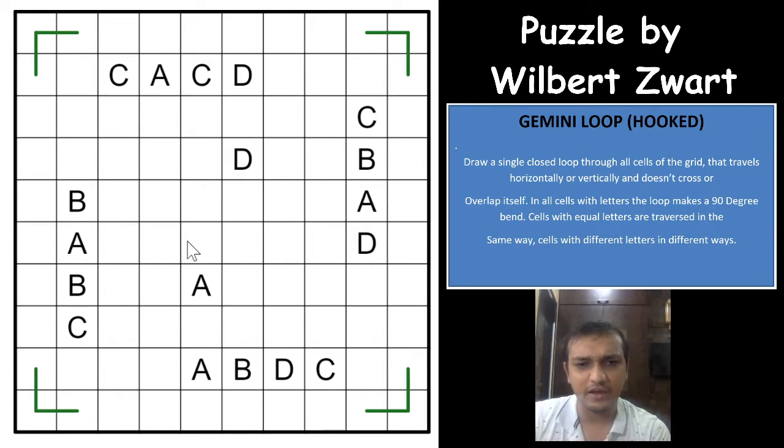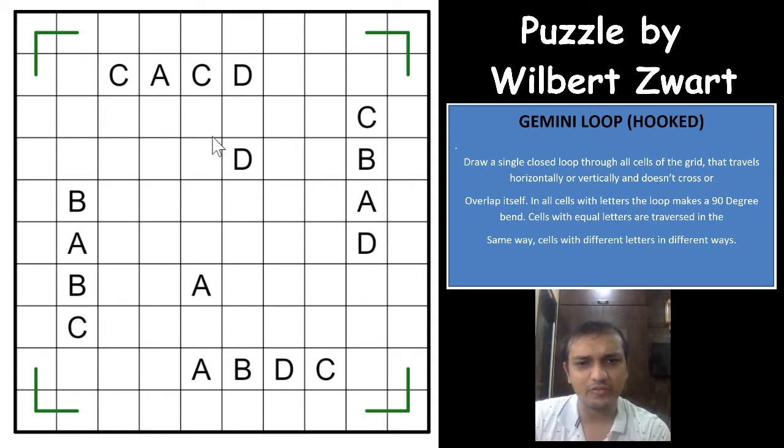Whenever the loop goes towards one of the letters, it has to turn either this way or this way, so it cannot go straight. In the regular Gemini loop puzzle, the loop could go straight, but that is not the case here. Wherever you have the same letters, the loop has to pass through the same way in all of them, and a different way in different letters.